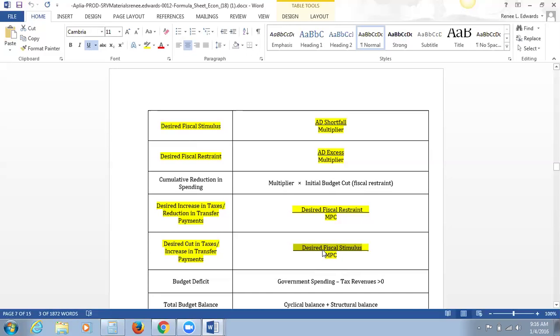The reason we're dividing is because people don't spend everything, and we have to compensate. If people are saving 10% of their money, only spending 90%, we need to make sure that the desired fiscal stimulus is 10% larger.